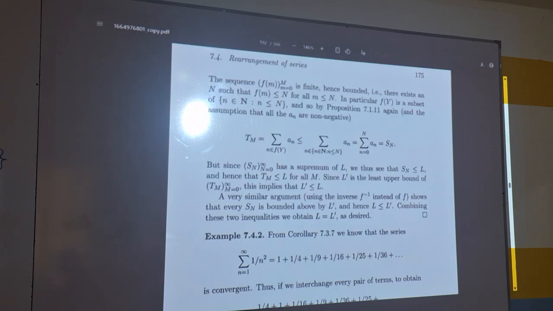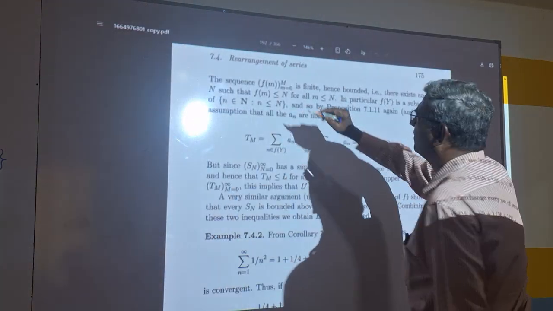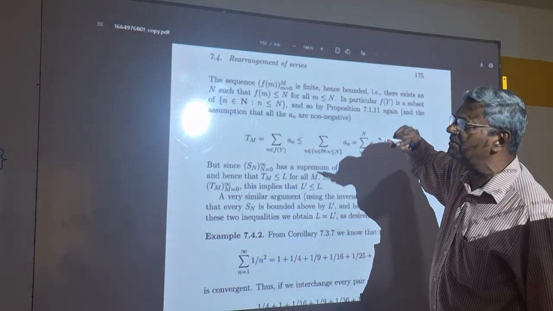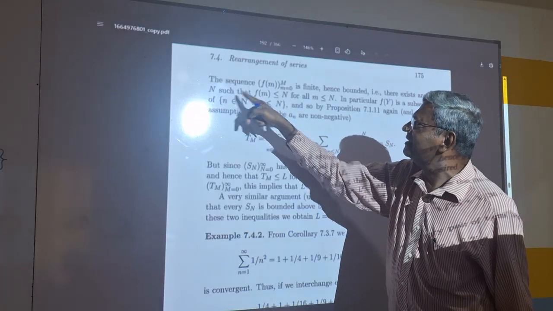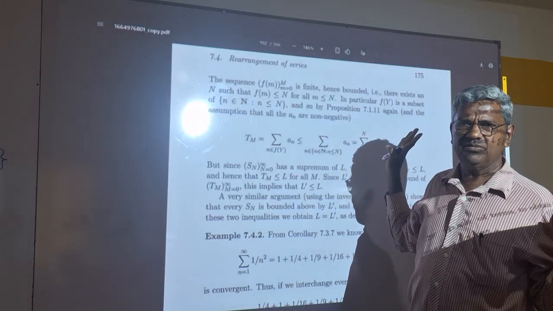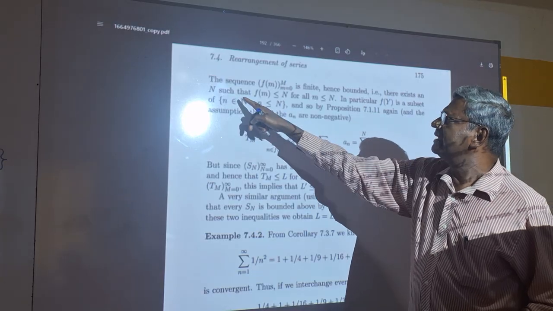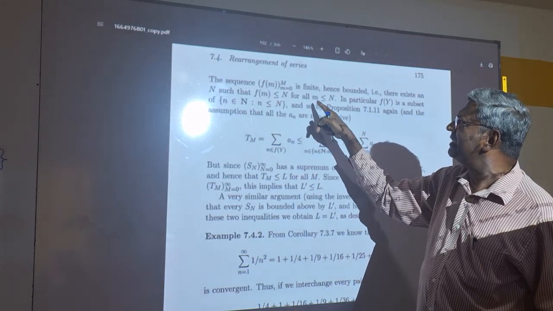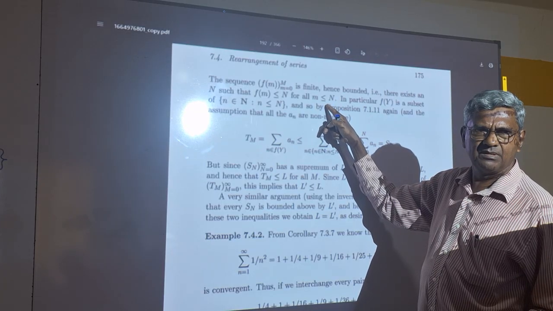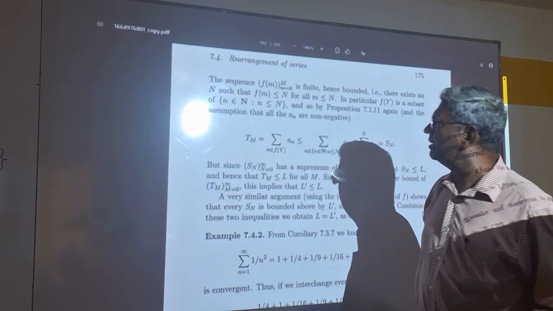Then there is a capital N such that Fm is less than or equal to N for all m less than or equal to capital M. When you say the finite sequence Fm, m going 0 to capital M, is bounded, that means there is some integer N such that each term is less than or equal to capital N, however for all m less than or equal to not capital N but capital M.